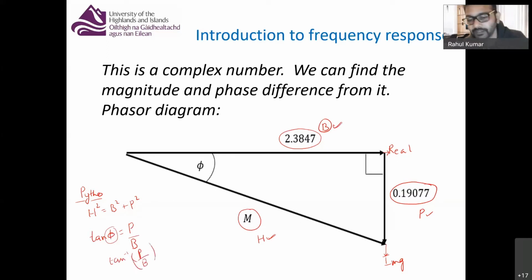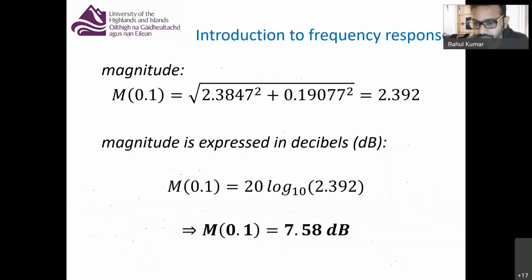So using Pythagoras theorem and trigonometric identity, you can calculate the magnitude and the phase at a particular frequency, right?